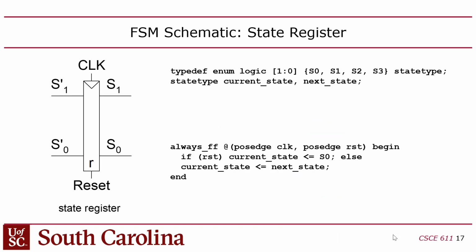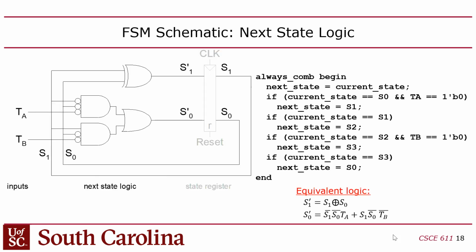Okay, so then if we're doing that, let me skip ahead here a minute. This is the digital logic design for the next state logic and the state flip-flops, or the state register. Notice we have an XOR gate, right?